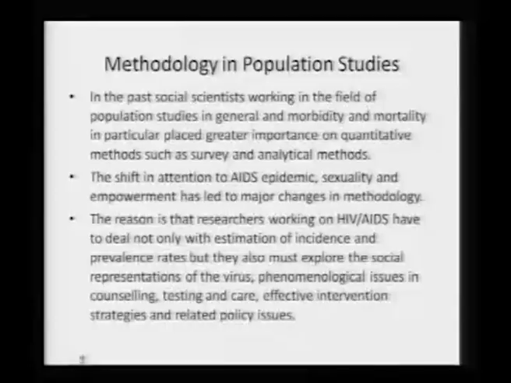But gradually now there is a shift in attention to issues like HIV AIDS. You know that HIV AIDS has become an important epidemic worldwide, and our country is not an exception to this. Of course, we are not so high in prevalence rate as some of the African countries.